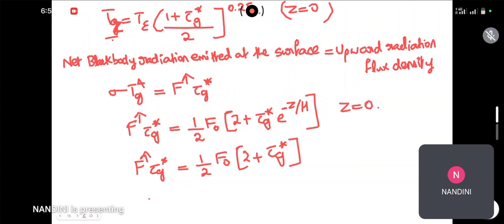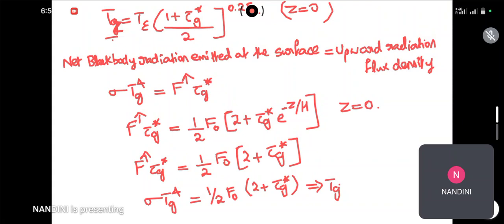Now, if you equate both, you will get sigma Tg raised to 4 is equal to half F0 into 2 plus rho g star, which implies Tg raised to 4 is equal to, from this we can write, F0 is basically sigma Te raised to 4.